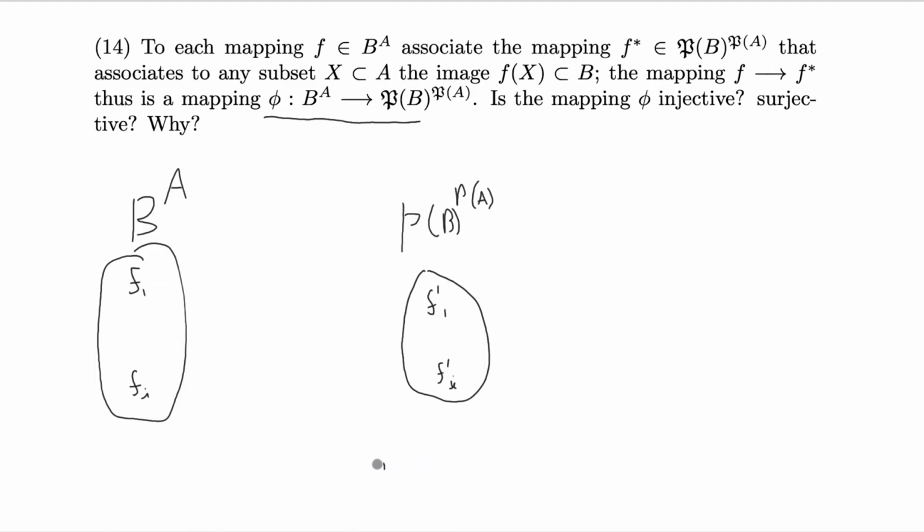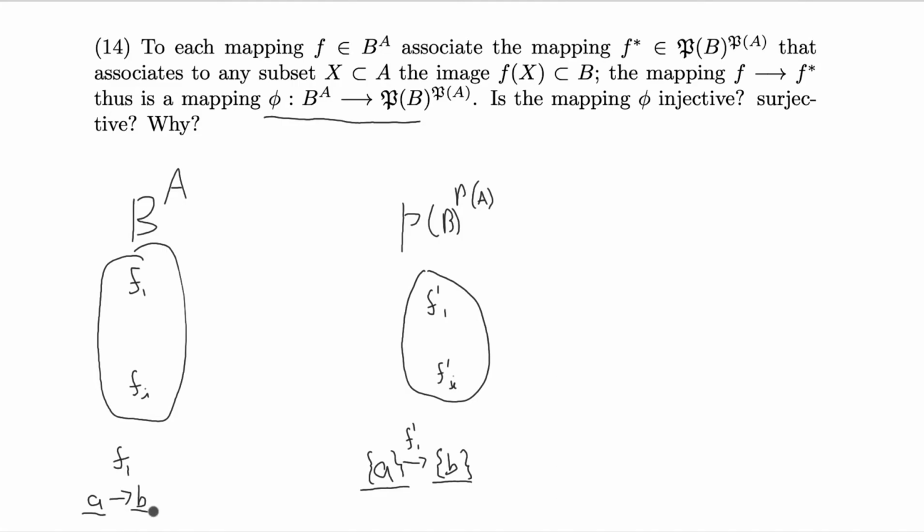So for instance, the set of A goes to the set including just the element B. Perhaps this is our definition for F prime 1. Meanwhile, this might be associated with the map F1, which simply sends the element A to the element B. The difference being F1 prime acts on subsets and outputs subsets. Meanwhile, F1 takes elements and sends them to elements.